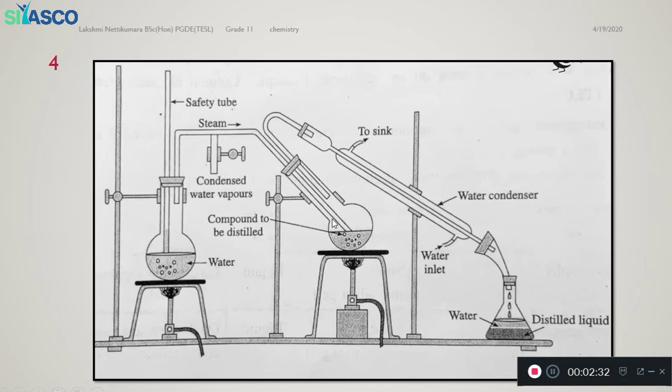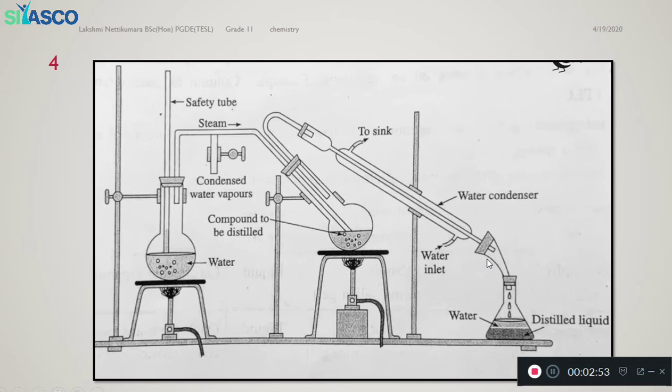Thereby we get superheated steam here. So because of this steam, what will happen? The compounds in this mixture get vaporized and, mixed with water, go through this tube to the condenser.